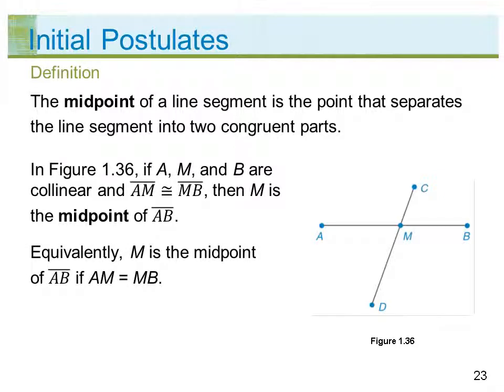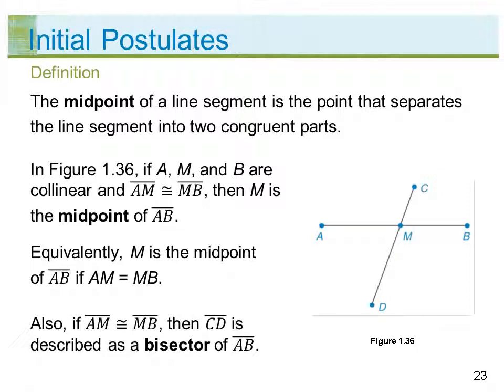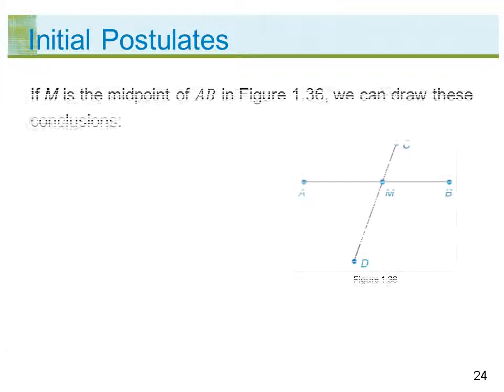Equivalently, M is the midpoint of line segment AB if length AM equals length of MB. Also, if line segment AM is congruent to line segment MB, then line segment CD is described as a bisector of line segment AB.